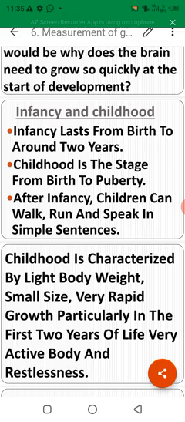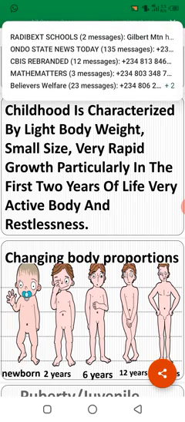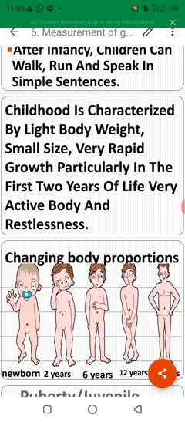Childhood is characterized by light body weight, simple size, very rapid growth, particularly in the first 2 years of life, very active body, and restlessness. You can see a child of 2, 3, 4, the way they are restless.